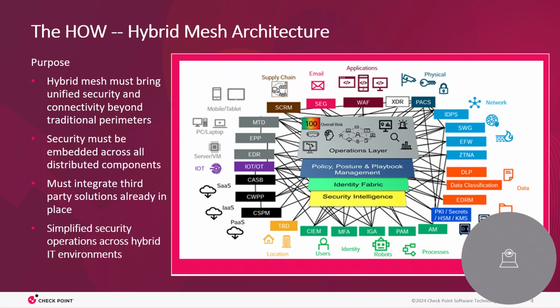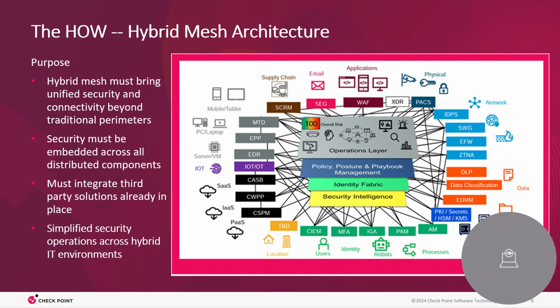From there, what else does this do? It is imagined to have a centralized one pane of glass to deal with all those disparate tools and platforms. And security is embedded across all those distributed components, whether it is from Check Point or from other sources, it is irrelevant.